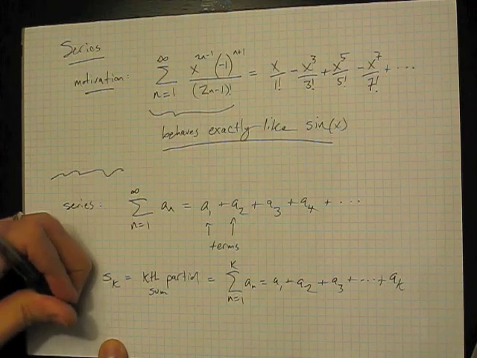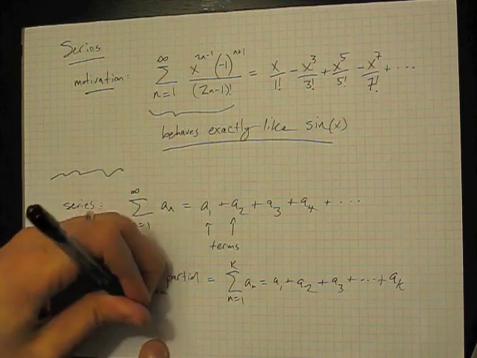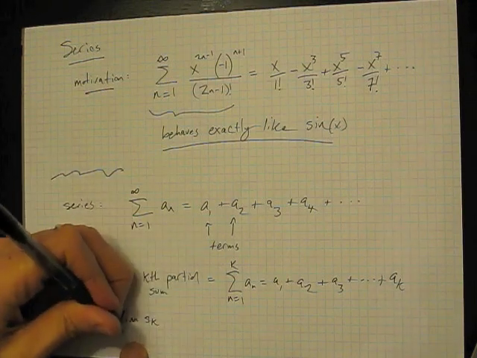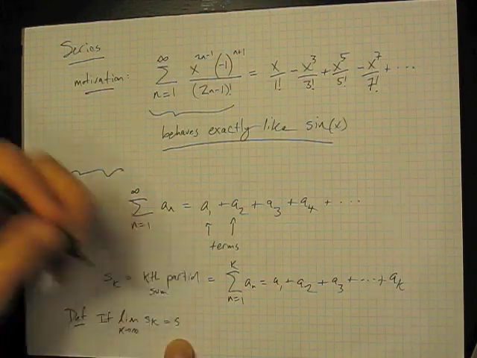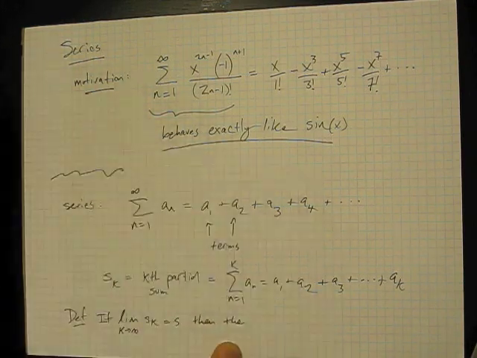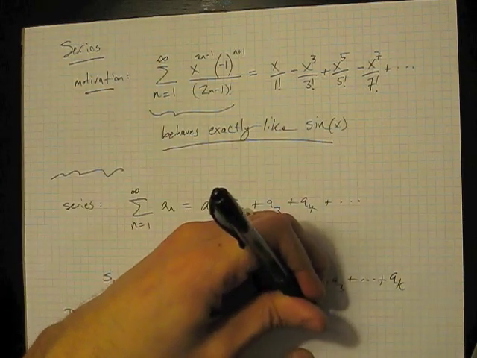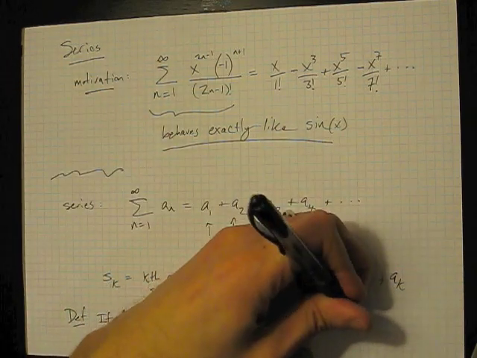And we had a definition: if the limit of the partial sums, so if S_k limits to some number, then the series converges to that number.